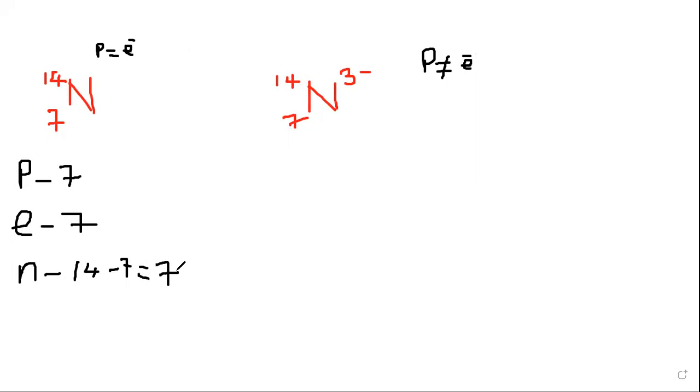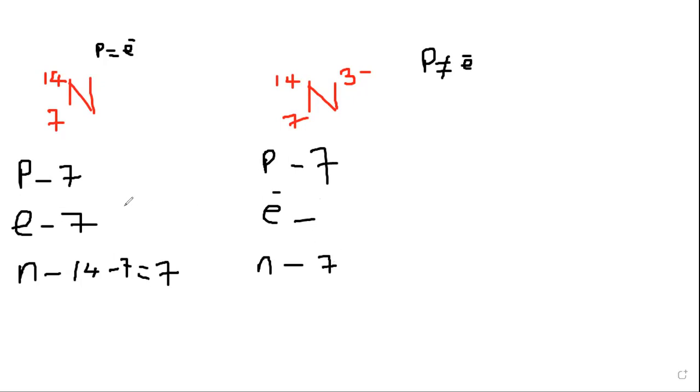So make sure that you understand the language. Chemistry is about the language. When they say proton number, electron number, mass number, do you understand the language? Make sure that you understand the language, then it will be very easy for you. So what about the P here? The P still remains 7. What is going to change is the electron number. The N becomes 7, 14 minus 7.